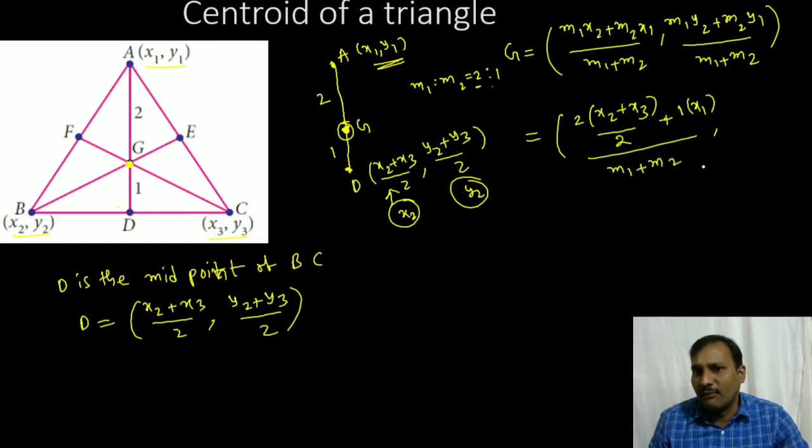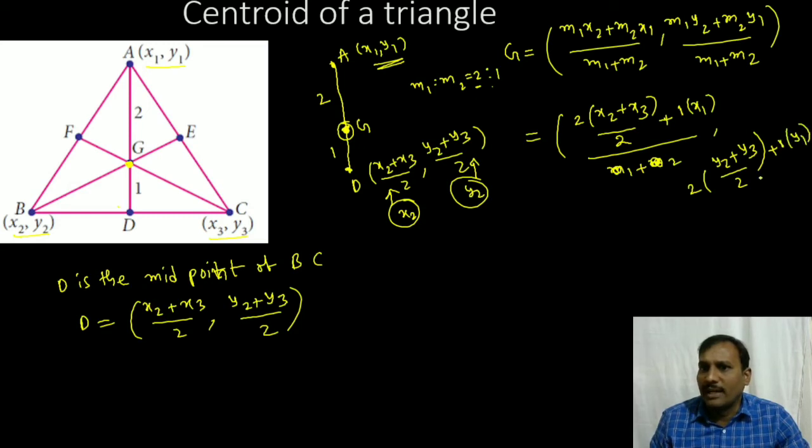Similarly, here also m1 is 2 into y2. What is y2 in place of y2? You can write it as (y2 plus y3) by 2, plus, here in place of m1, m2, I can write it as 1 plus 2 or 2 plus 1. m2 is 1 into y1, by 1 plus 2 or 2 plus 1.